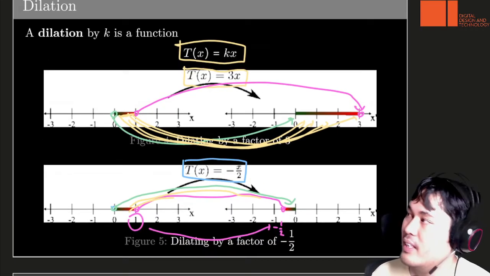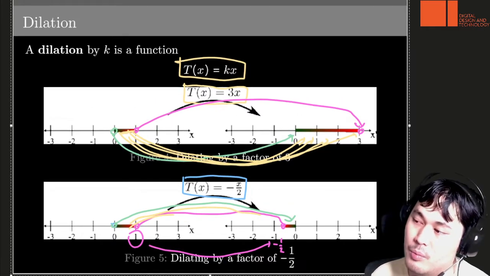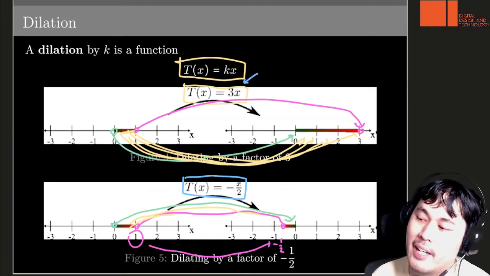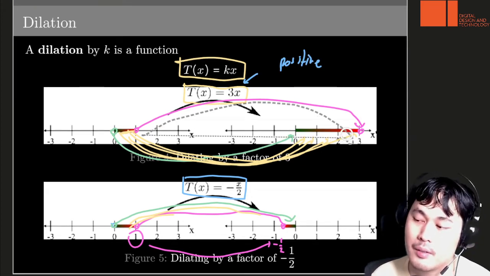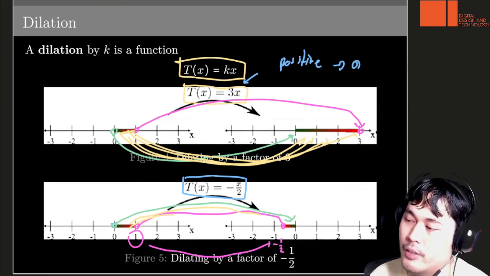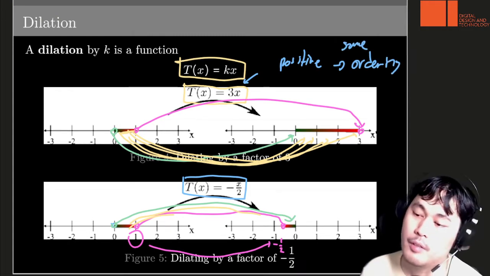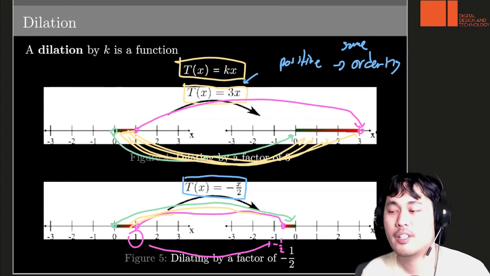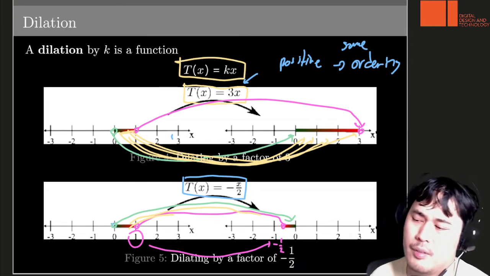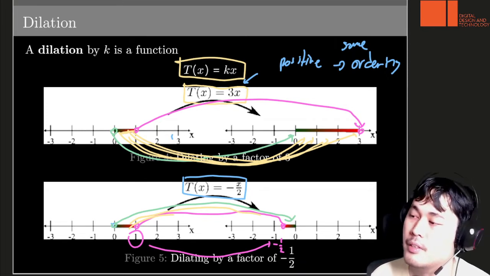And again, just a few notes here. First, you can see that if you dilate, or multiply by a positive number, then the result still has the same ordering. So if the first point is on the left, then the final point after the transformation should still be on the left, if it's positive.